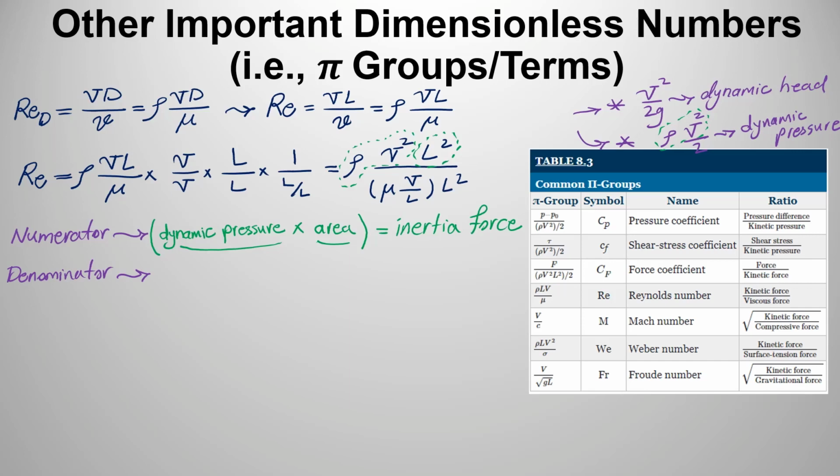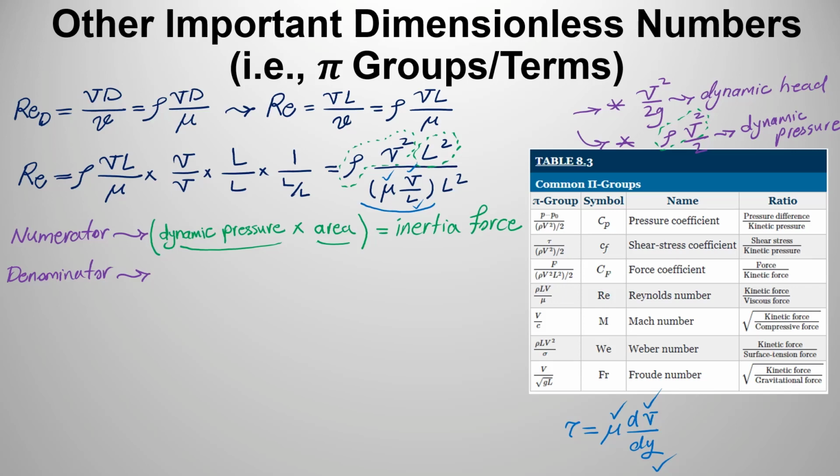Denominator, this part of it that I am going over right now, this should be very familiar for you. Remember tau? Tau was mu times dv over dy, right? All right, so this is your mu, this is velocity, mu and velocity, and then length, then length. All right, so the first term of denominator is a viscous stress or shear stress.